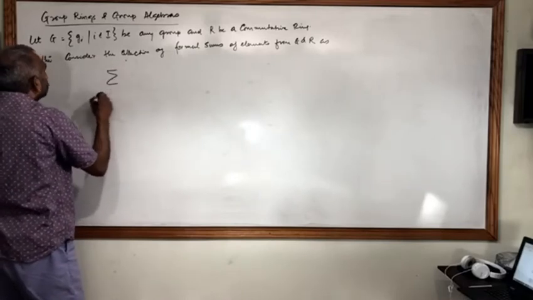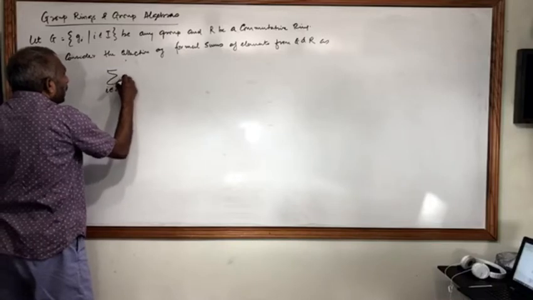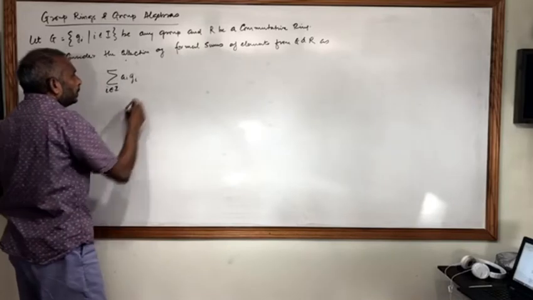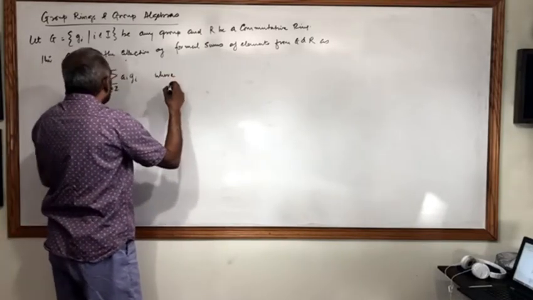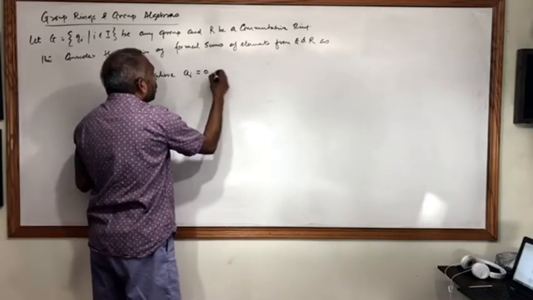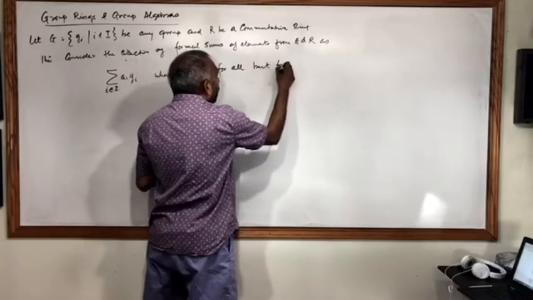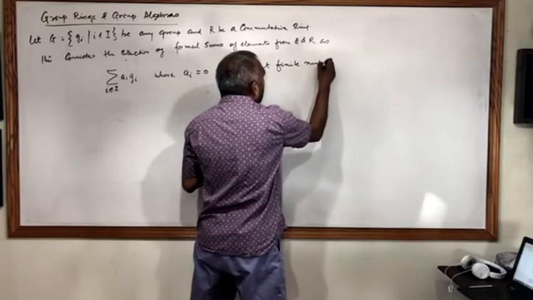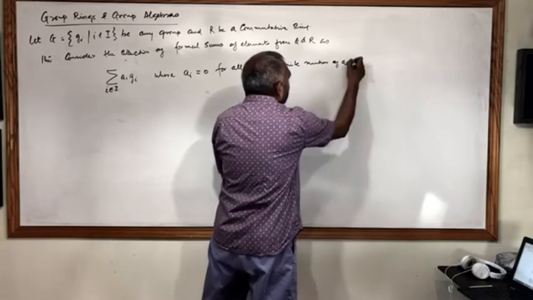sigma i belongs to I, Ai Gi, where Ai's are 0 for all but a finite number of Ai's.